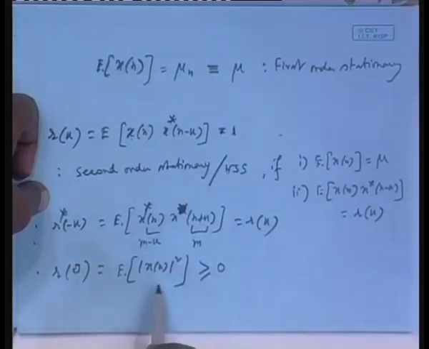If it is equal to 0, that means at any n, E of mod x square equal to 0 means at every trial, take any sample, it will take only 0 value, then only the expected value can be 0. For a random variable x n, I am saying the average of mod x n square is 0.